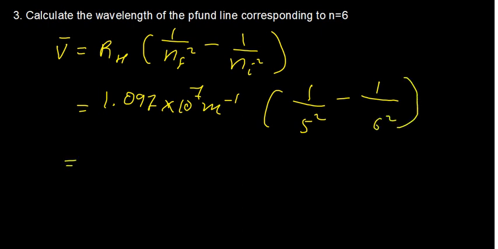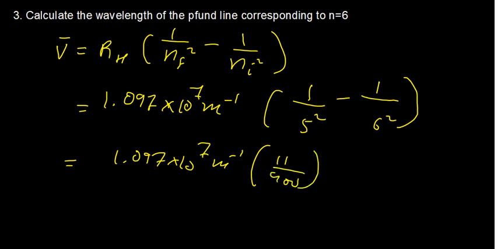So that should give us 1.097 times 10 to the power 7 per meter multiplied by 11 over 900. So this should give us about 134077.778 per meter.